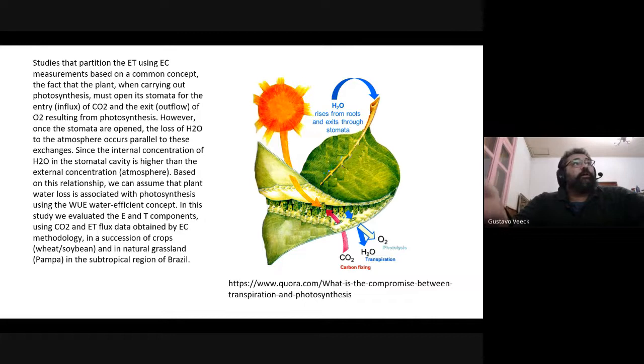Studies that partition the ET using Eddy Covariance measurements are based on the common concept that plants, when carrying out photosynthesis, must open their stomata for the entry of CO2 and the exit of O2 resulting from photosynthesis.